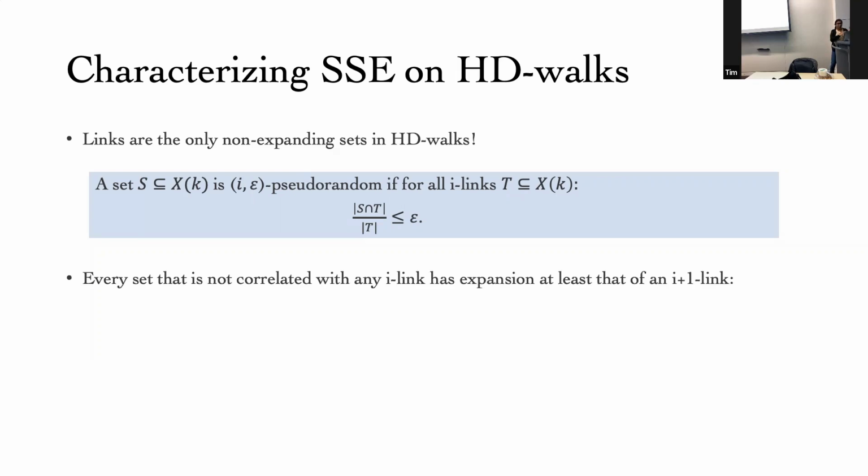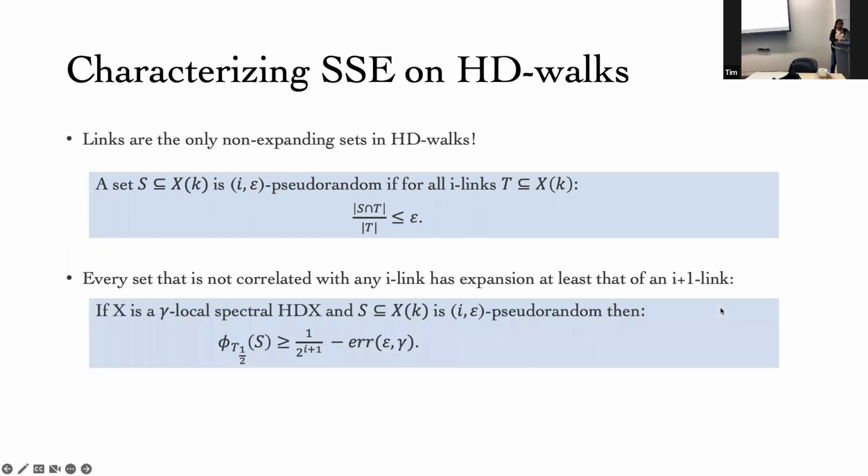And every set that is not correlated with any i link has the expansion of an i plus 1 link. So if we look at this half lazy walk, which goes down half of the levels and then comes back up, we get that every set S has expansion 1 by 2 to the i plus 1, minus some error, which depends on i and the spectral parameter gamma.